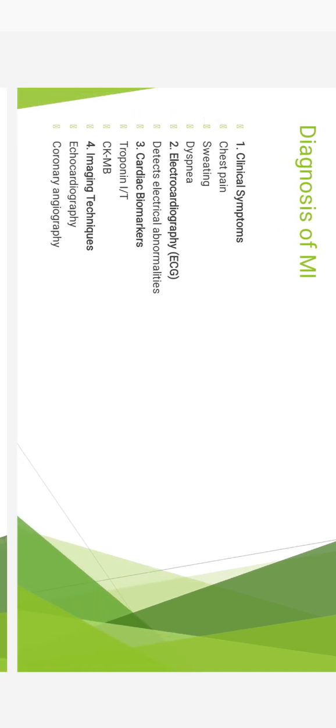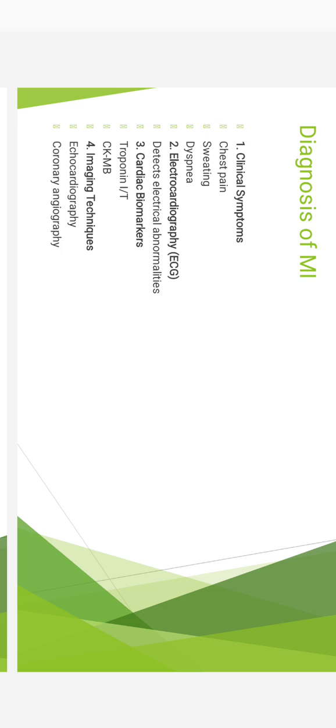Next, diagnosis of myocardial infarction. The first important component is clinical symptoms, especially chest pain lasting more than 20 minutes, along with sweating, breathlessness, and radiation of pain. The second important tool is electrocardiography, or ECG, which helps identify abnormalities in cardiac electrical activity and differentiate between STEMI and non-STEMI.